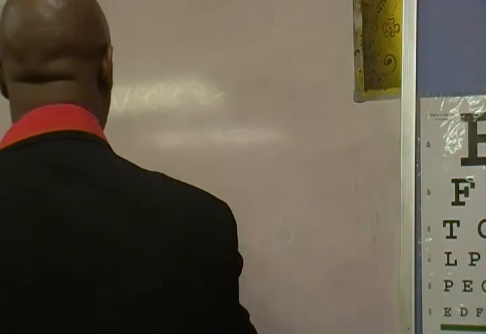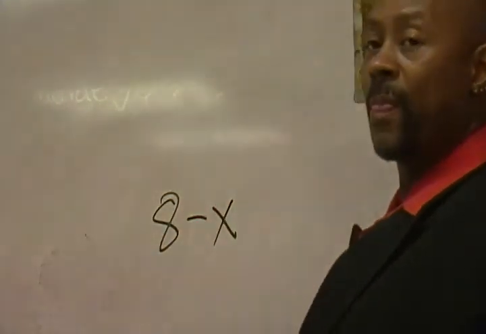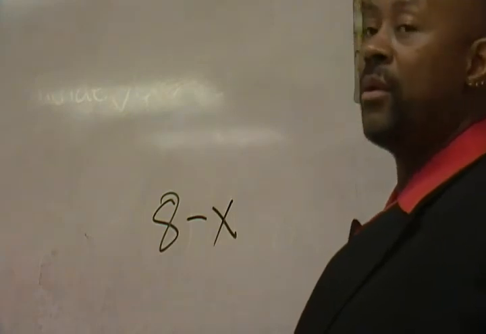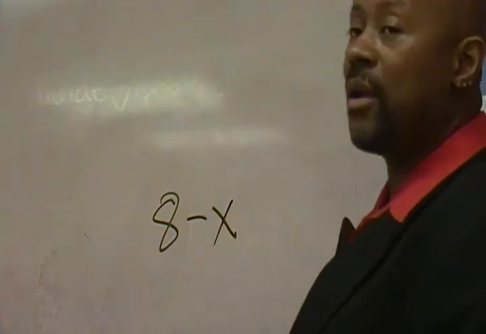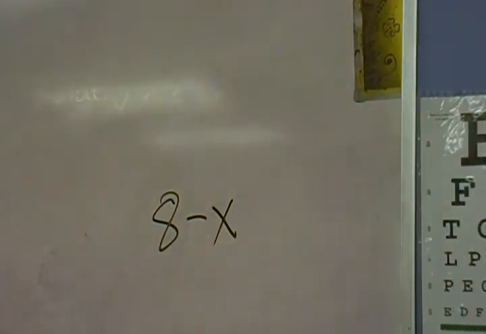All right, she's got 8 minus x, then what do you do? Say it again, x. The question. What did I say? 8 minus a number, all divided by the same number. 8 minus x divided by 8?